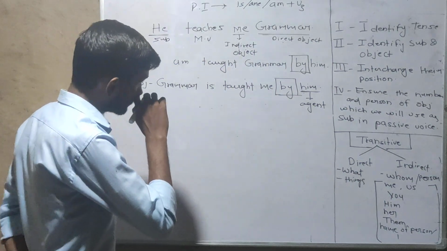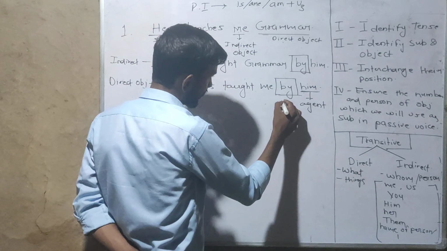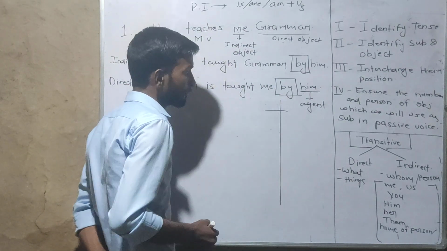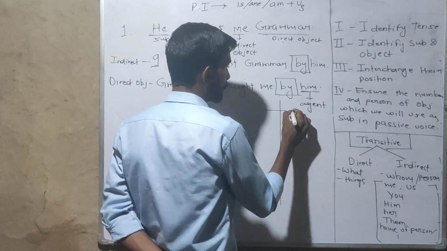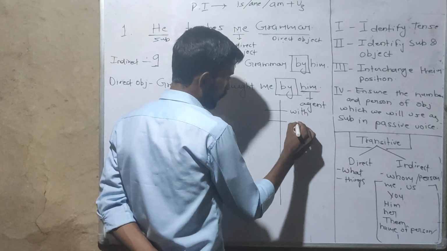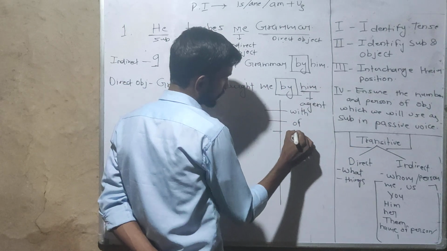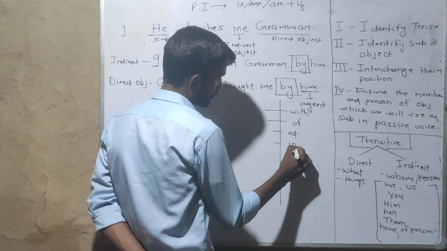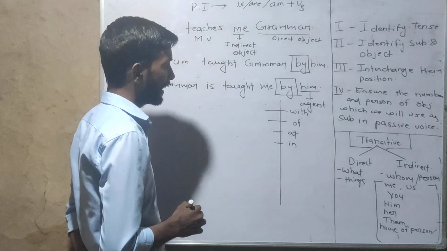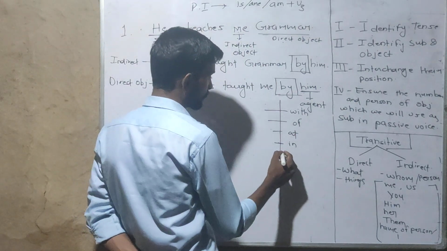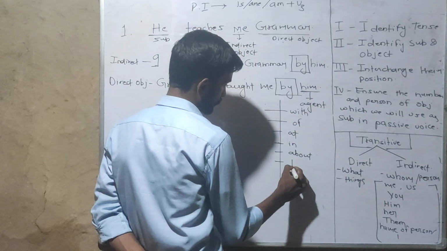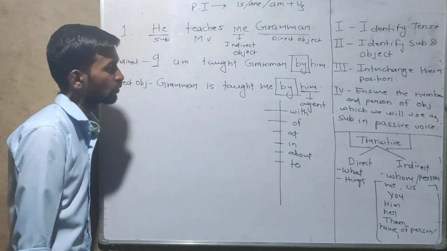First I'll tell what the prepositions are. Apart from by, we can use with, of, at, in, about, and to.